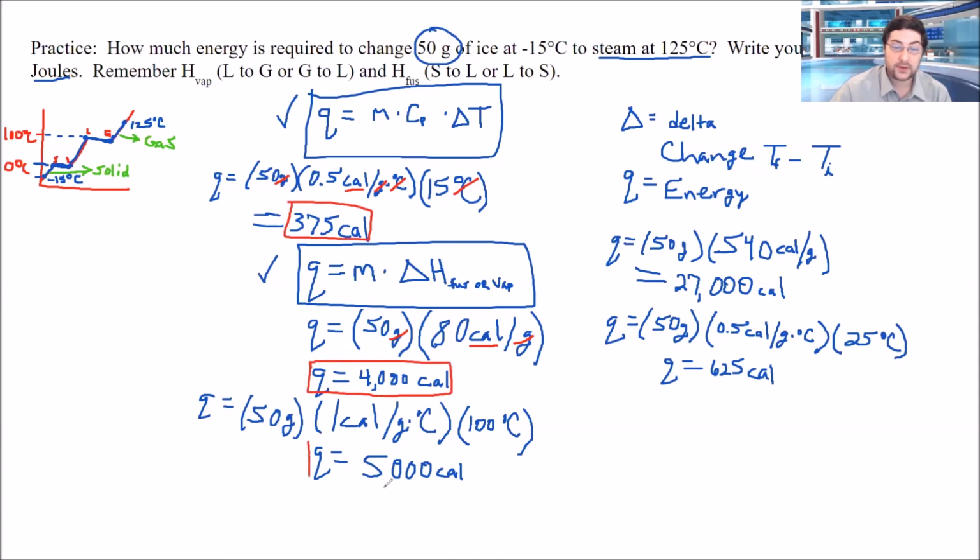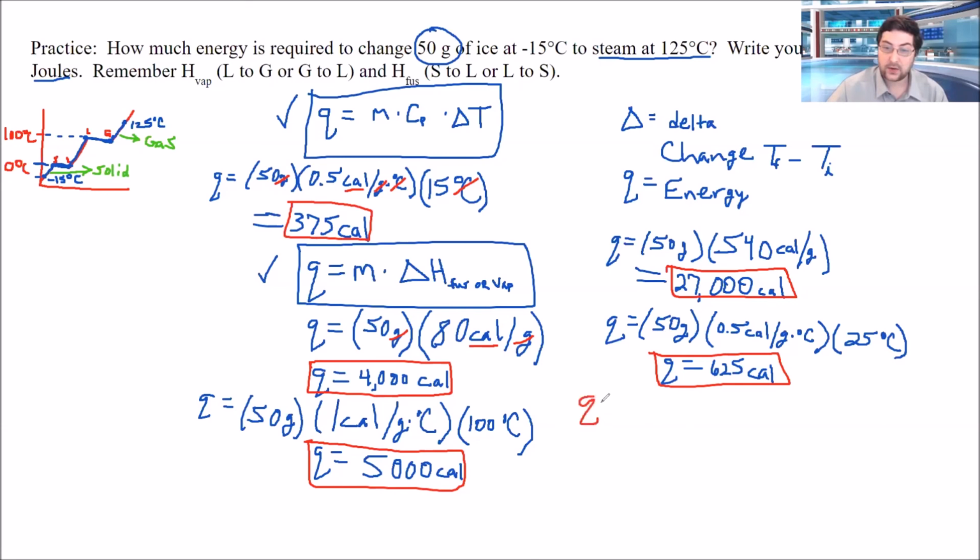And so what we want to do is come back through and add up all of these individual amounts of energy, okay? So let's do that real quick. We got 375 plus 4,000 plus 5,000 plus 27,000 plus 625, and I get Q is equal to 37,000 calories.